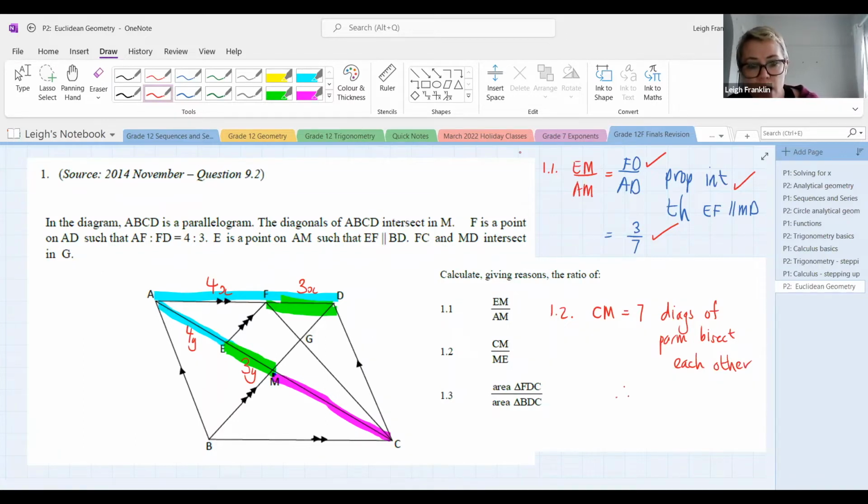And that's why CM over ME is going to be equal to 7 over 3. So again, it's out of 3 marks, 1 mark there, 1 mark there, and another mark there.